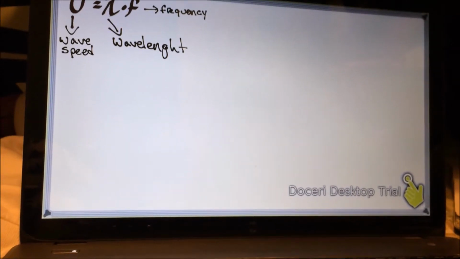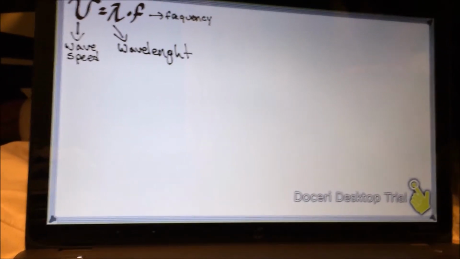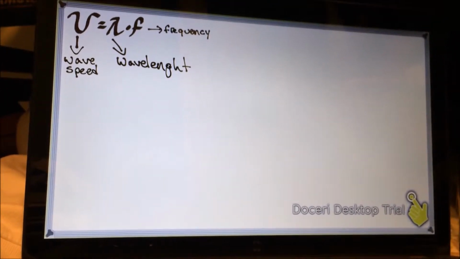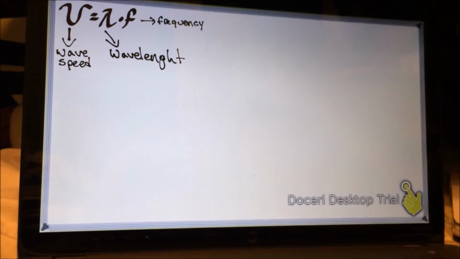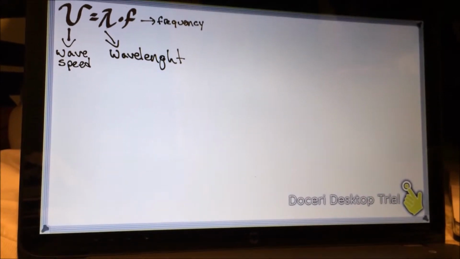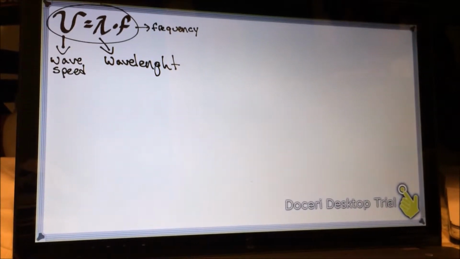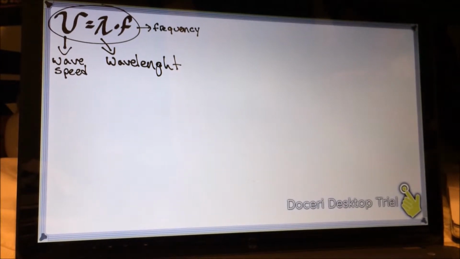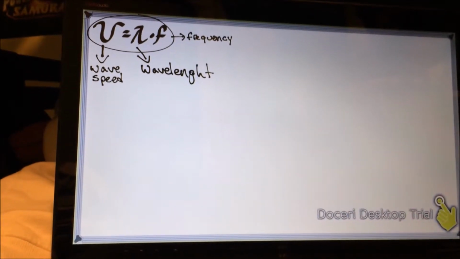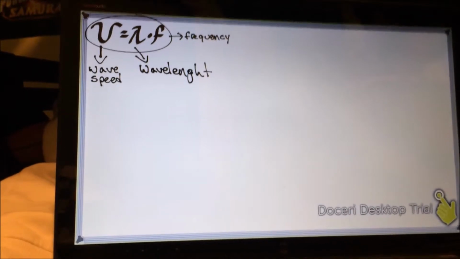Okay, in this problem we're going to solve for the frequency of a wave. We will do so using this equation right here: the speed of the wave equals the wavelength times the frequency.